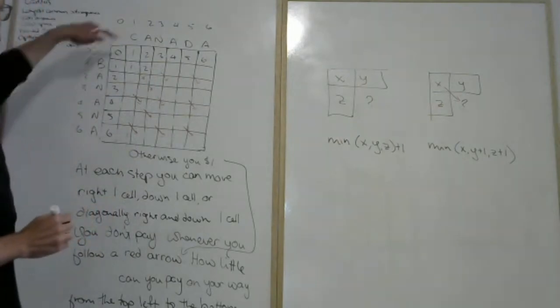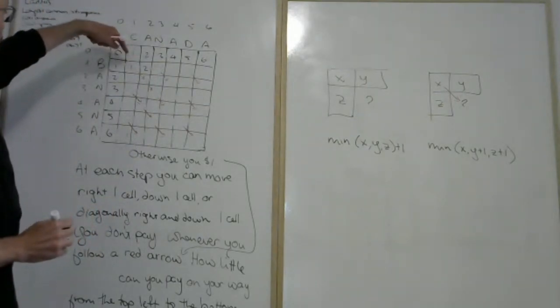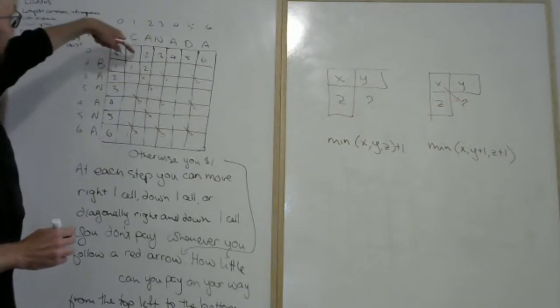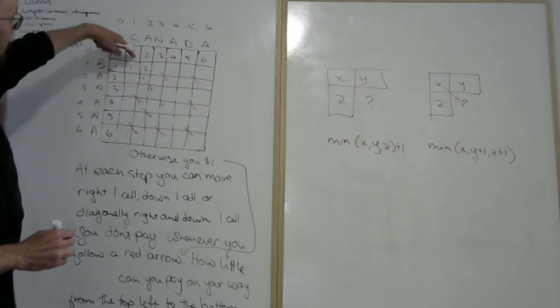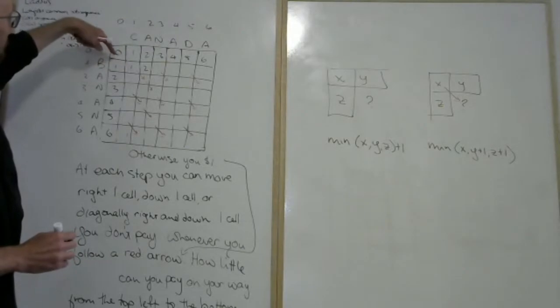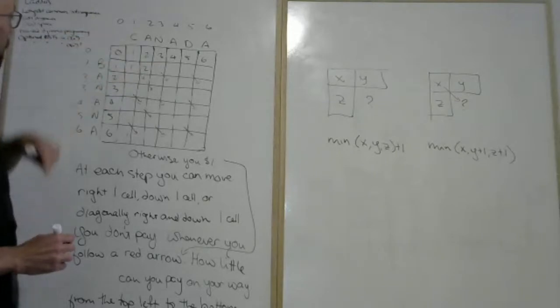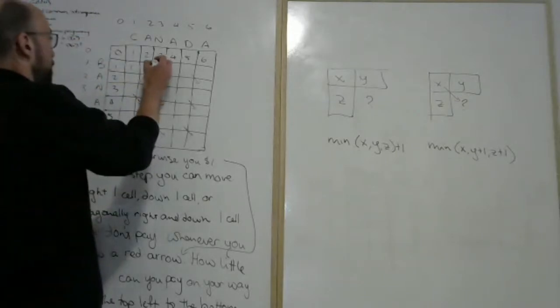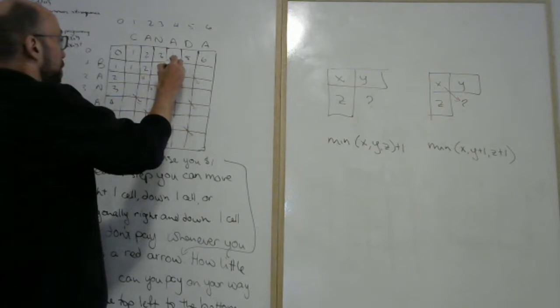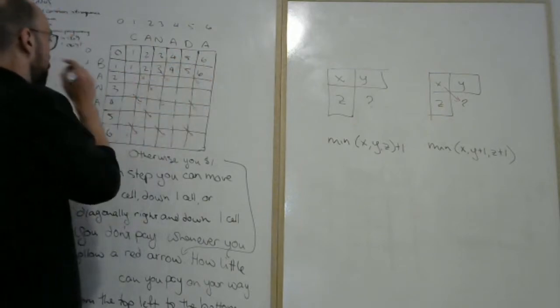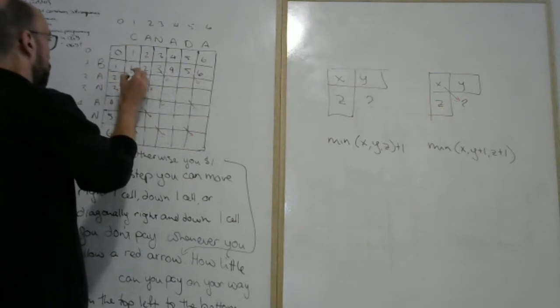Because you could change a B into a C. So that's either I insert a C and then I change the B into an A, or I change the B into a C and I insert an A. So this is min of this is 3, this is 4, this is 5, this is 6, this is min, this is 2.